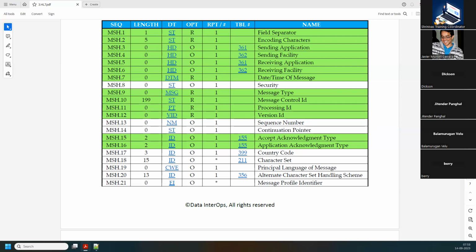This is not the acknowledgement message. This is just telling in what event they need an acknowledgement. Okay, got it. Whether they need it always, or on failures, or on successes only, such kind of things. Yeah. We'll see those values tomorrow.